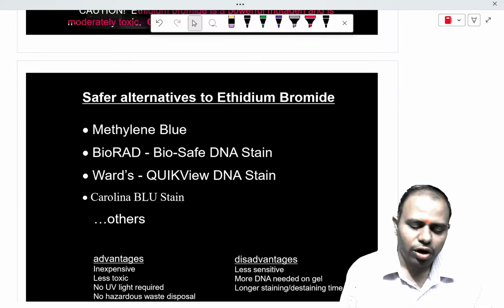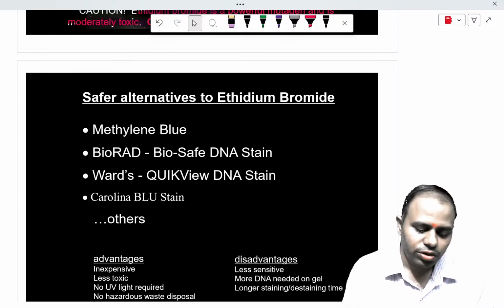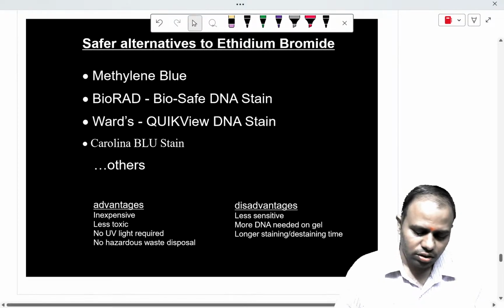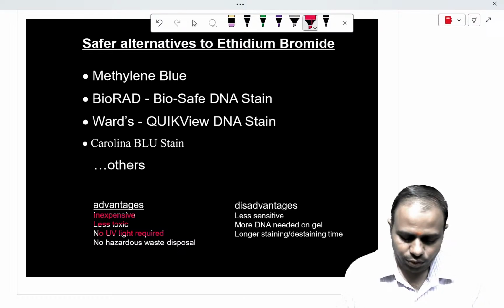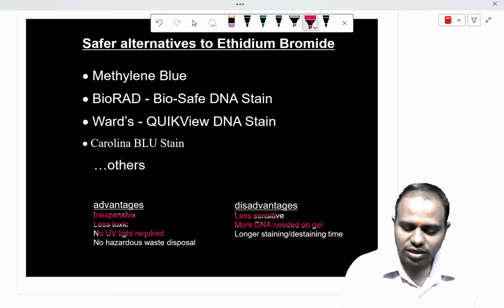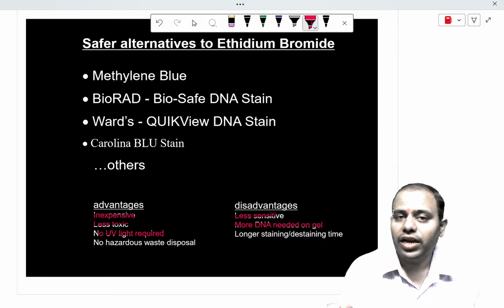You can use other stains available from different companies, mentioned over here. What is the advantage? They are inexpensive, less toxic, and no UV is required, so you can see the DNA directly. The disadvantage is that sensitivity is less, and more DNA is needed on the gel. If the DNA is very little, it is not able to show you the DNA. So in that case ETBR is used.